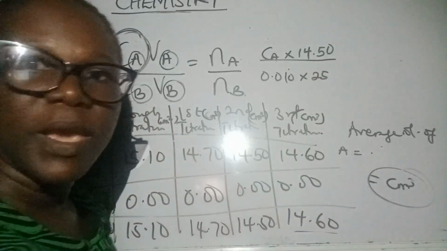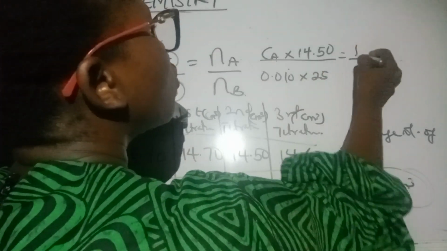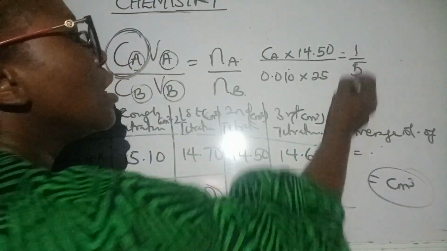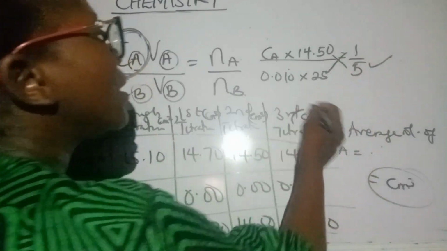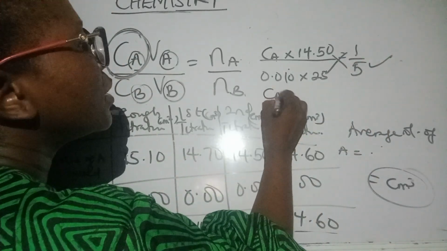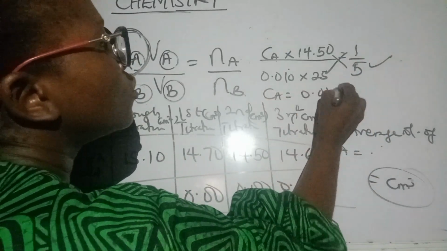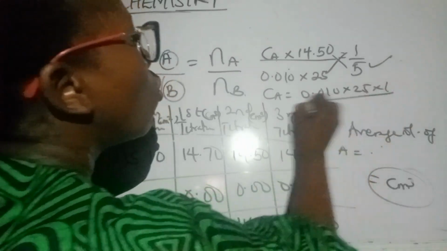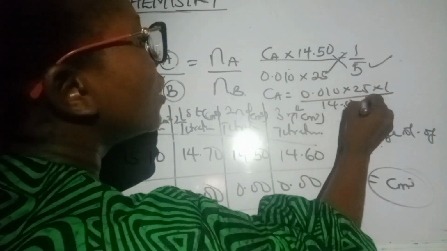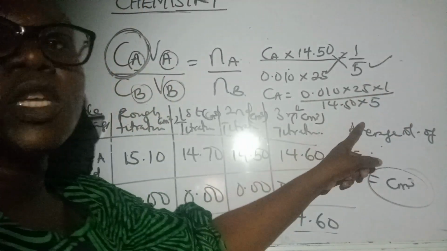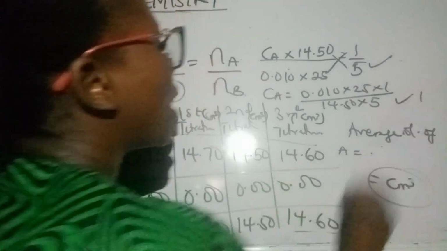That's the volume of your pipette, and then number of mole is 1/5, for instance. But this is correct substitution, 1 mark. By the time you cross multiply, you end up getting CA equals 0.010 times 25 times 1 over 14.5 times 5. This is subject of formula, which is another 1 mark.